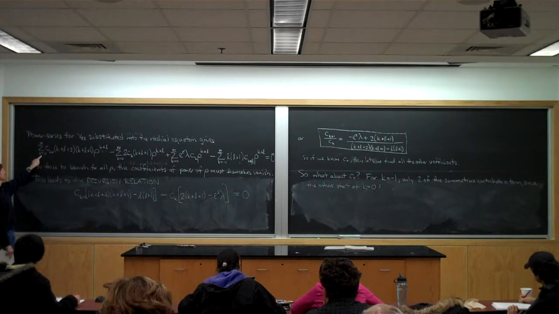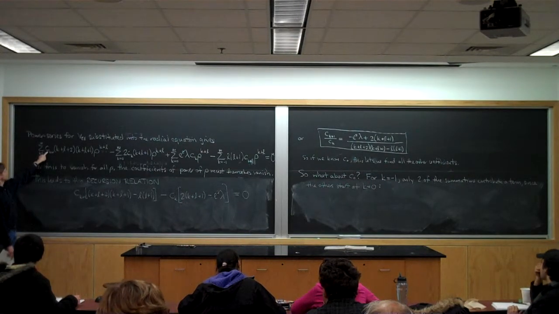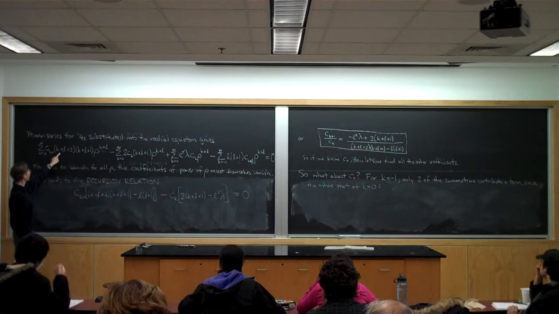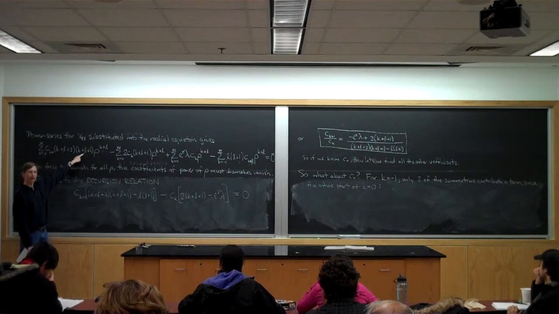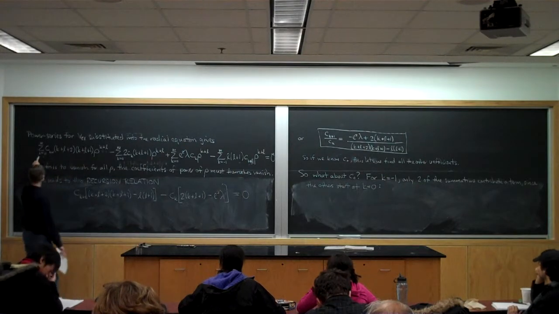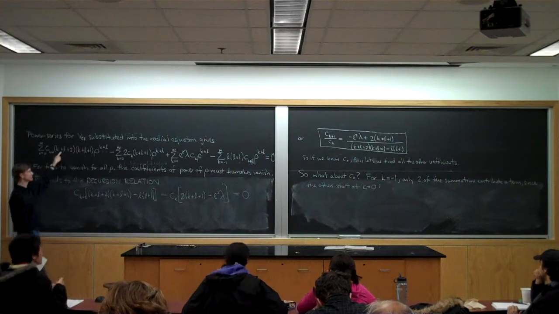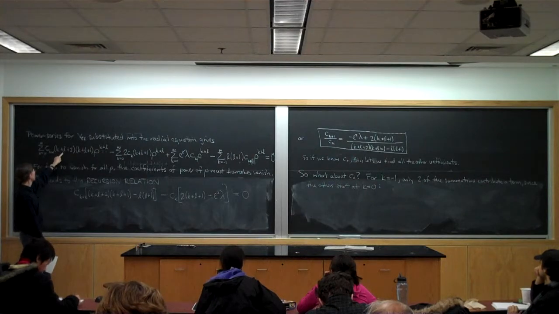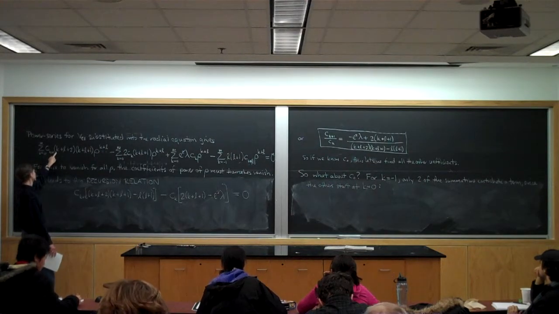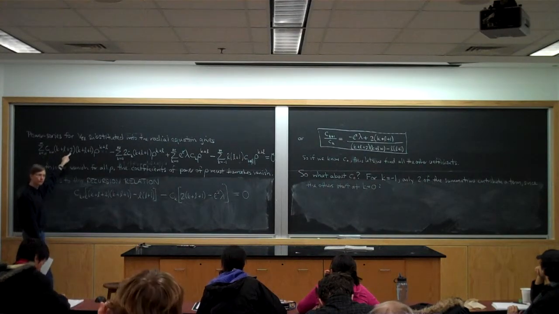The first term says for k equals minus 1, C sub 0 times L plus 1 times L. That's what you get if you put k equals minus 1 into those two terms. C0 times L plus 1, because this is minus 1 plus L plus 2, which is L plus 1.